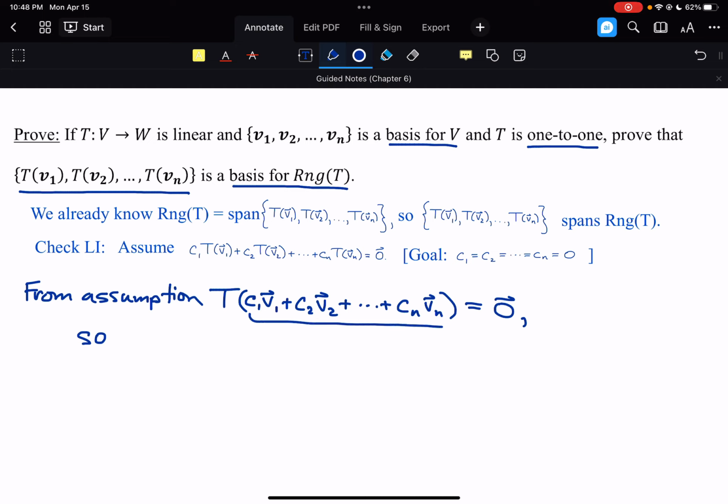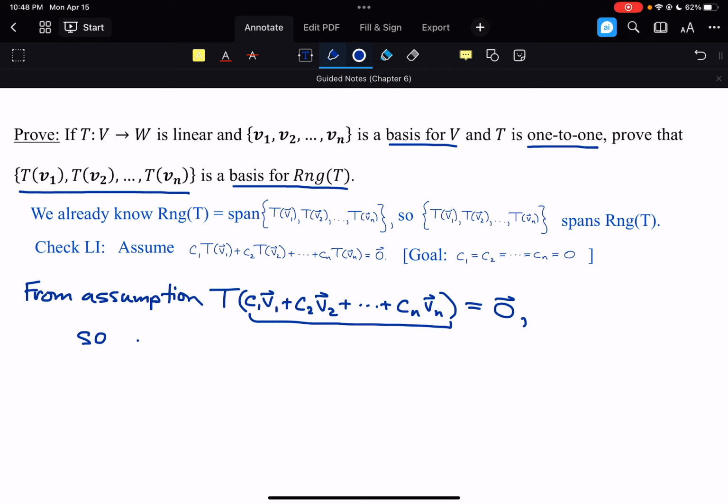So this sum is getting transformed to 0.